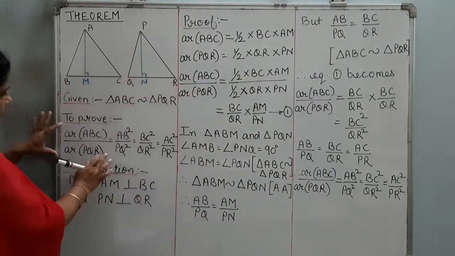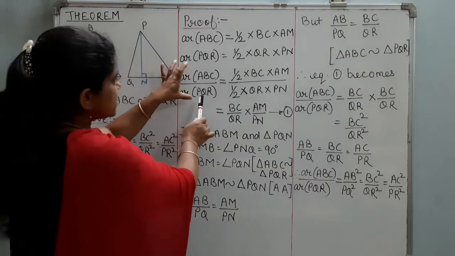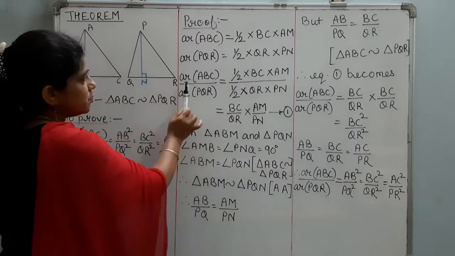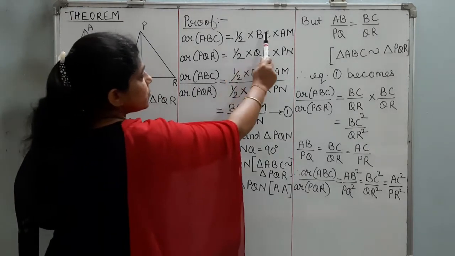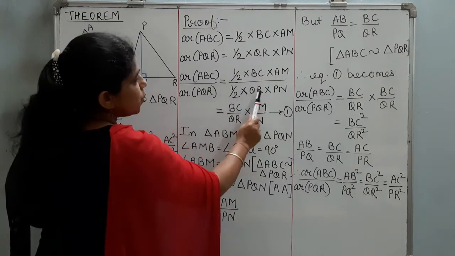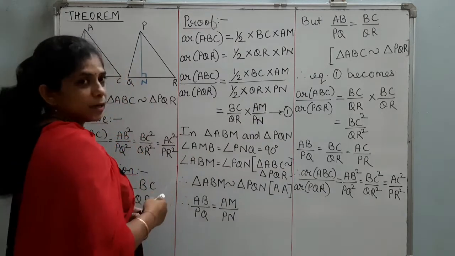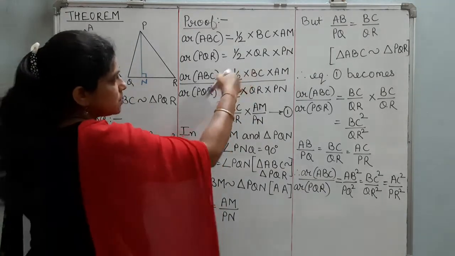Now the LHS, area of triangle ABC upon area of triangle PQR. We will start with this first. Area of triangle ABC upon area of triangle PQR is half into BC into AM upon half into QR into PN. Here, half and half get cancelled.